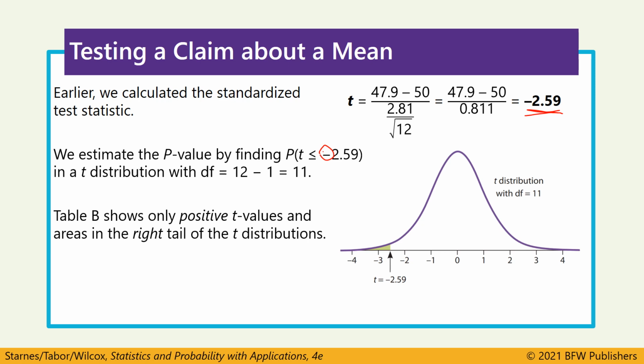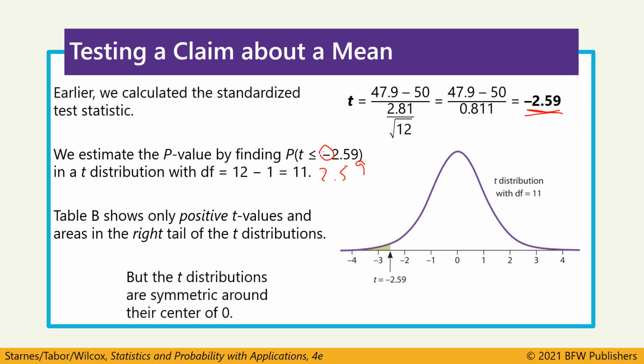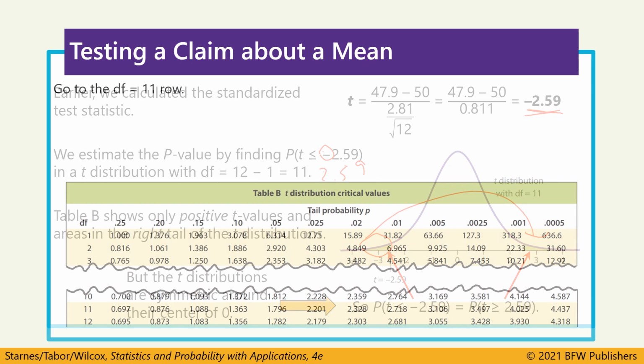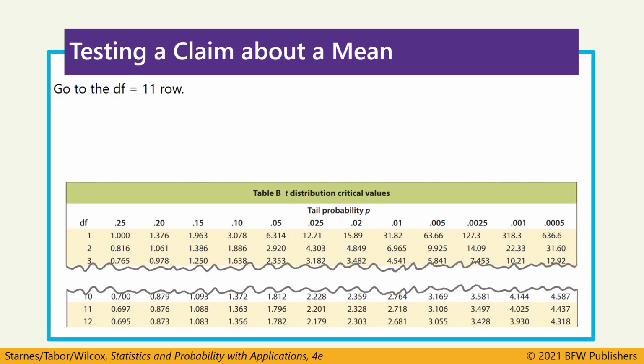So when we look at a positive value and a negative value, we can just kind of consider them the same. So instead of looking up a negative 2.59, we're going to look up positive 2.59. All right, because this is symmetric around 0, this tail is going to equal this tail over here. So when it comes to actually looking this up, we'll start by going to the row where we have 11 degrees of freedom.